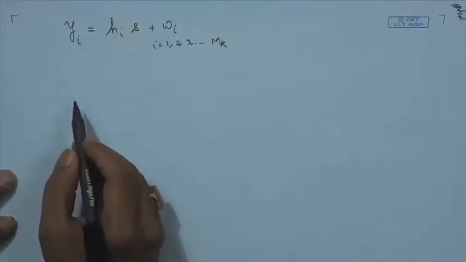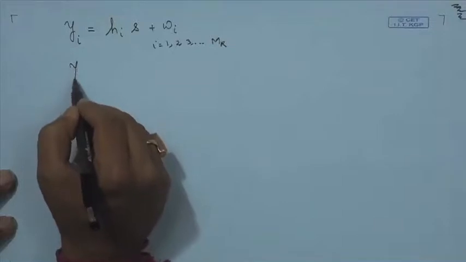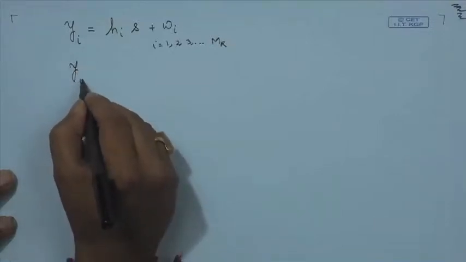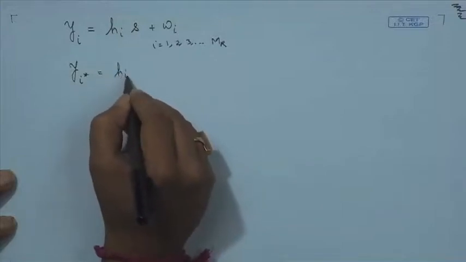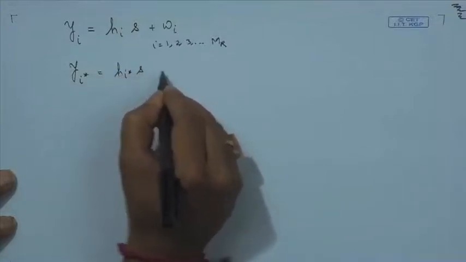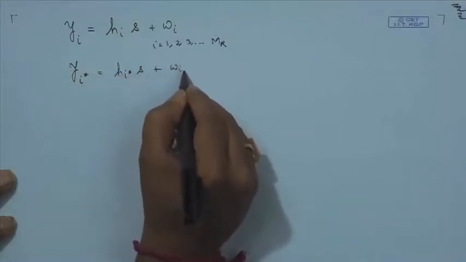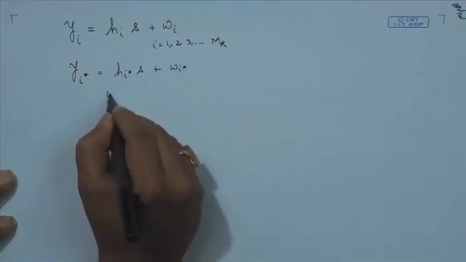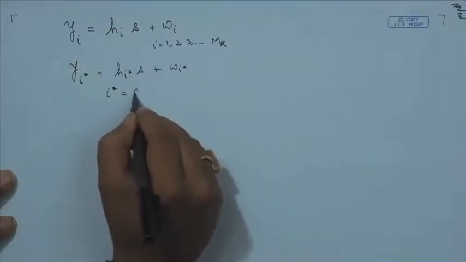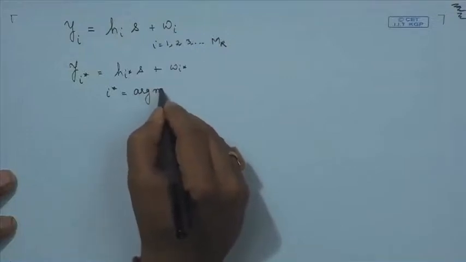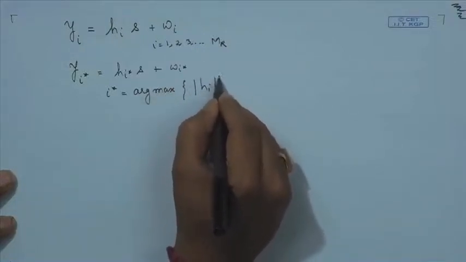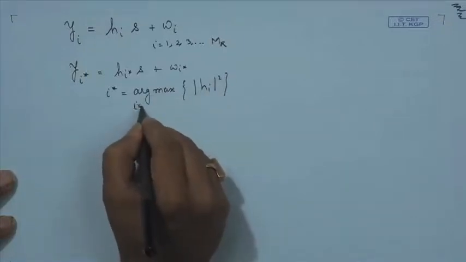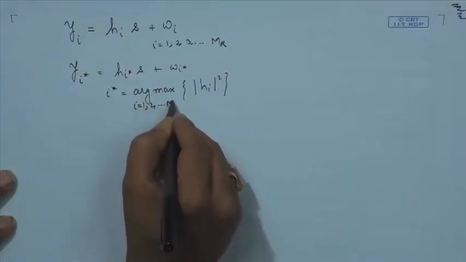And when we do the selection combining, we would simply rewrite the equation as y_i* is equal to h_i* times s plus w_i*, where i* is equal to arg max over i of mod of h_i squared, for i equal to 1, 2 up to m_r.